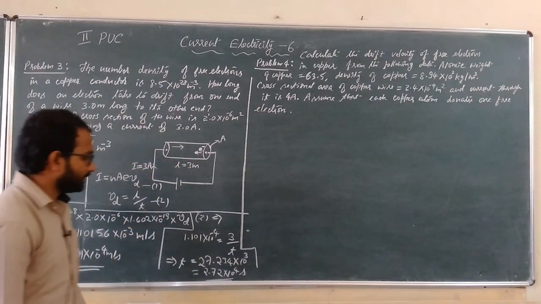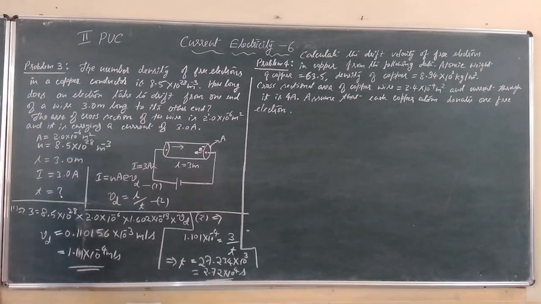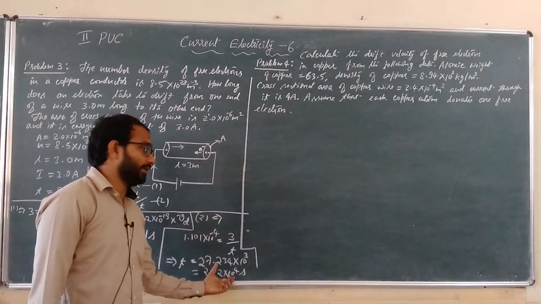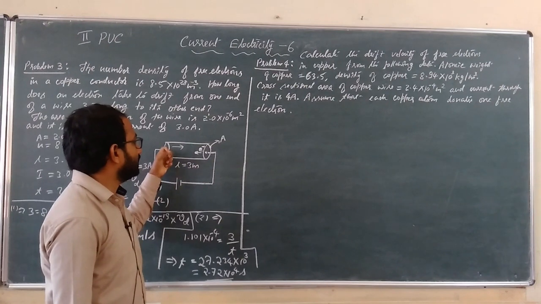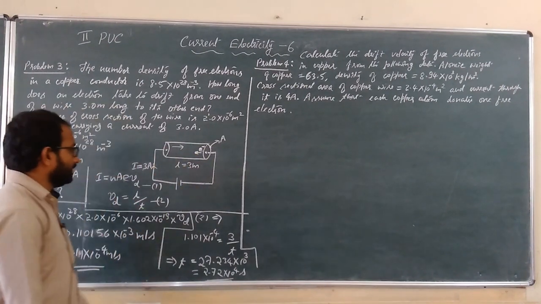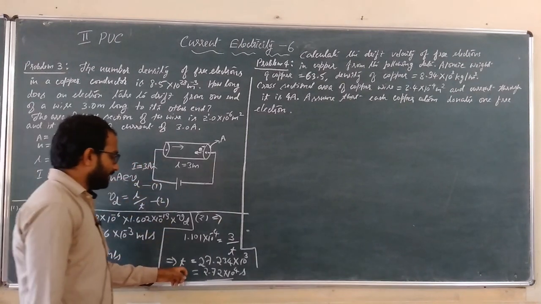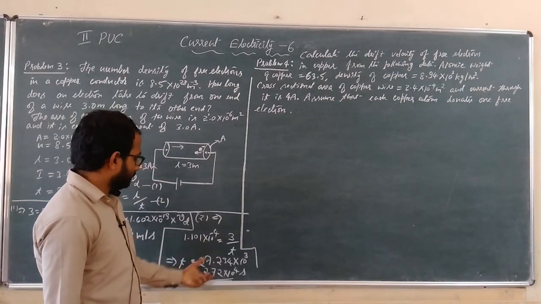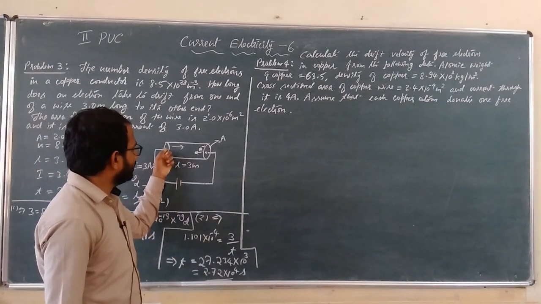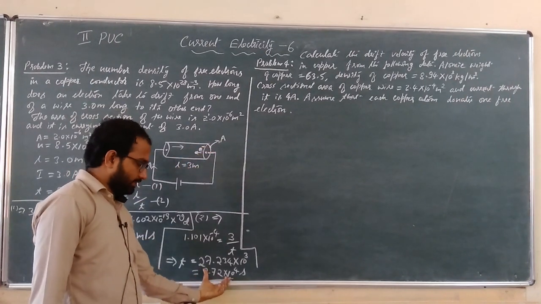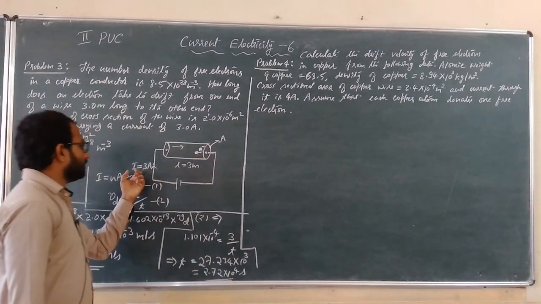So T is 2.72 into 10⁴ seconds. That much time is required for the electron to reach here from here. So for 3 ampere current, the time taken by the electron to reach from this end is very large, but what about the current?